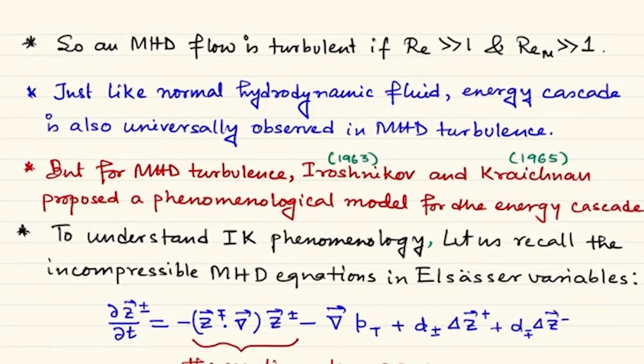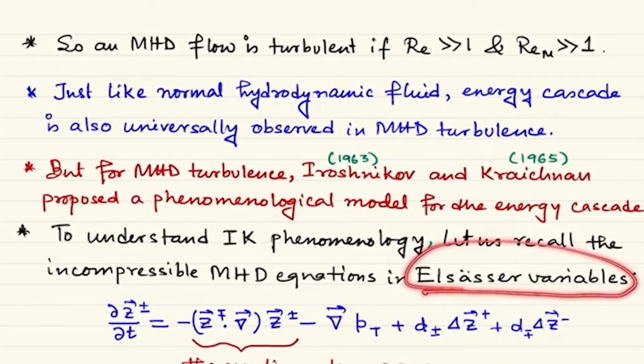So Iroshnikov and Kraichnan said, well, not really, and they thought in a different way, which we will discuss here. So to understand Iroshnikov-Kraichnan phenomenology, or IK phenomenology, let us recall the incompressible MHD equations in terms of Elsasser variables.